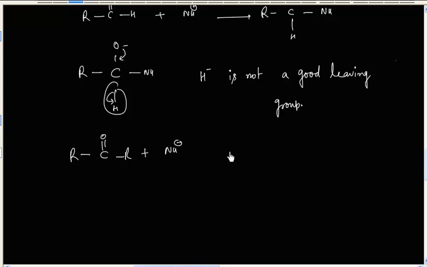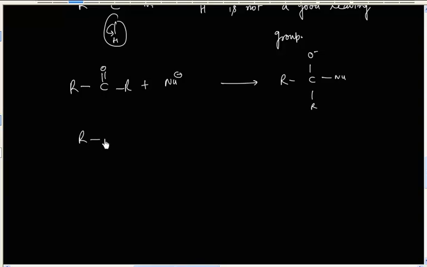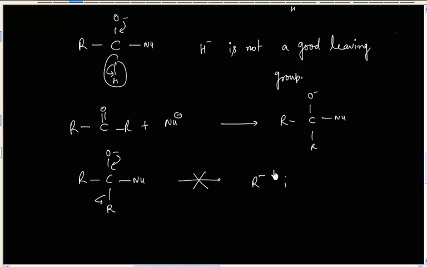We can have the first addition step, it will form a tetrahedral intermediate, but the second step cannot occur, because in this case R minus cannot act as a good leaving group. So here also this step will not take place.